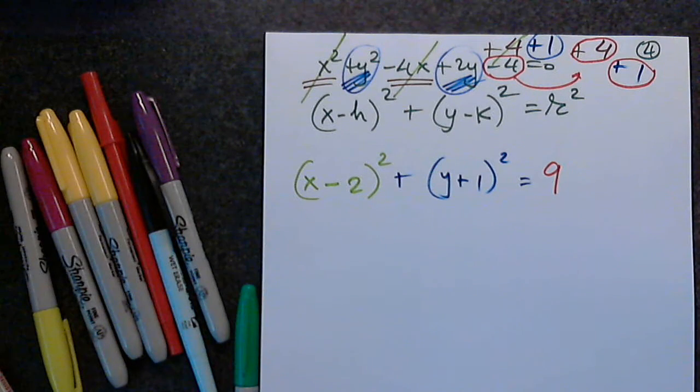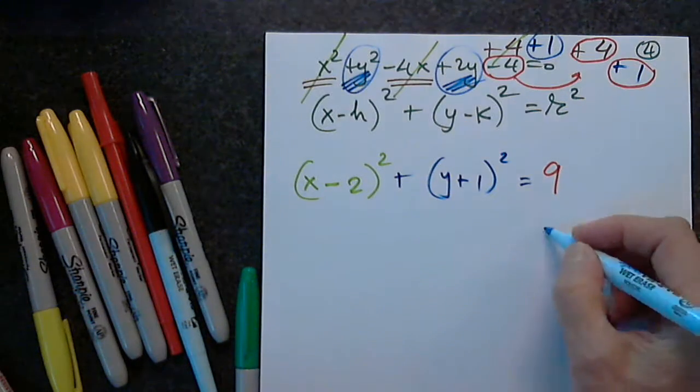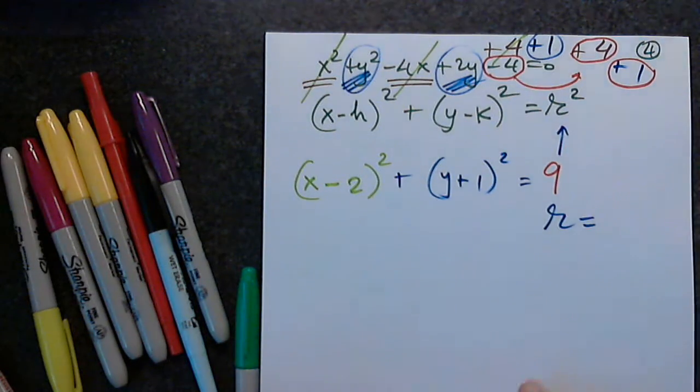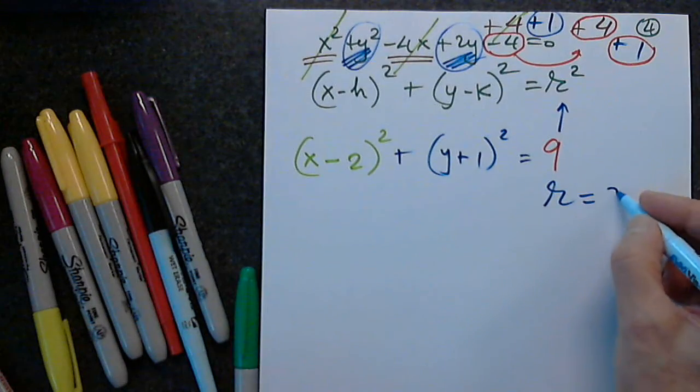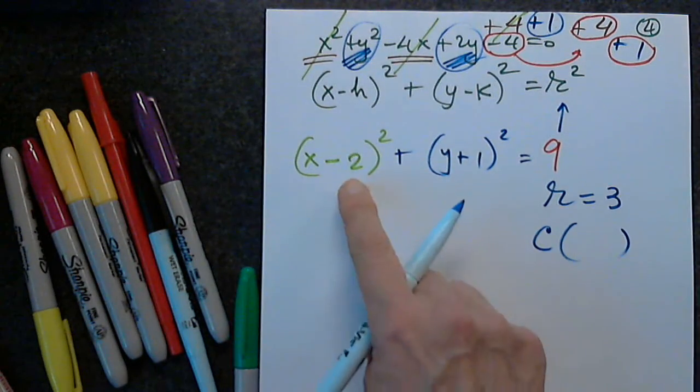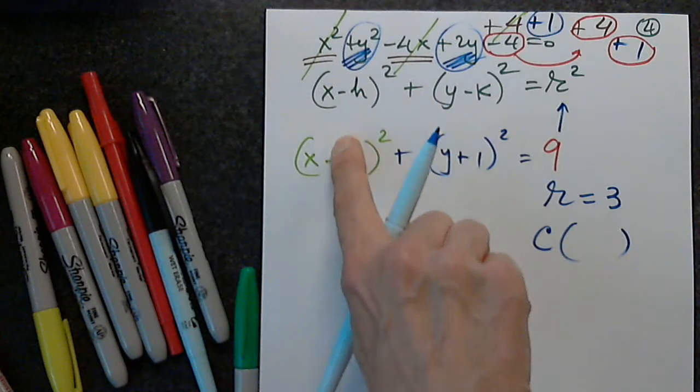Now I'm asking myself, is this a circle? What is its radius? Perfect. What is its center? Remember, there is a minus in here.